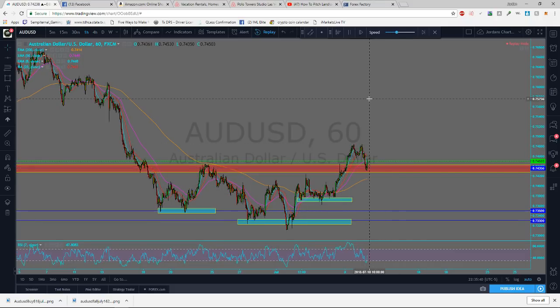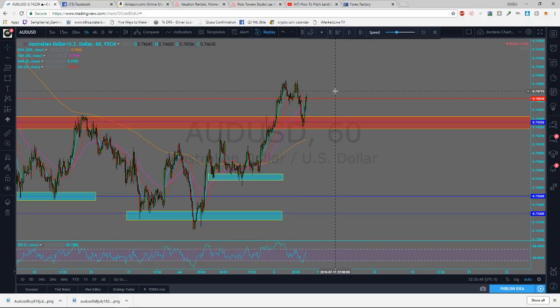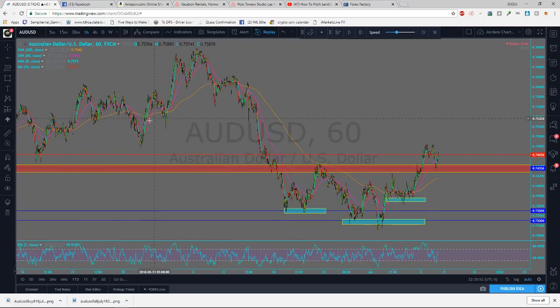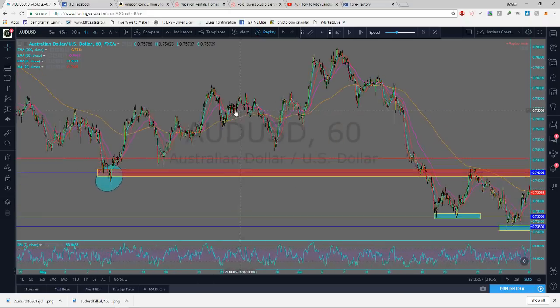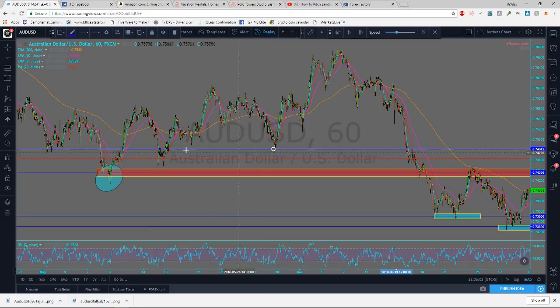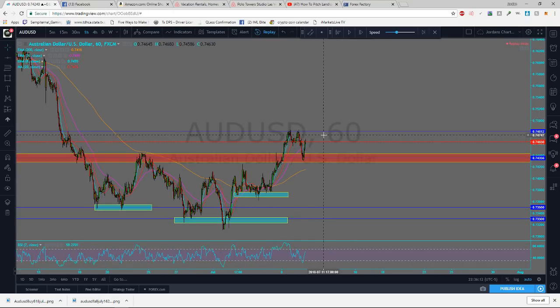So the 75 didn't look like it cleared, but the second one off this wick right here, which had these wicks, all that stuff, that take profit could have happened. And as you can see, you had a double top in that area, right? A normal M, a little reversal pattern that you may or may not have identified.